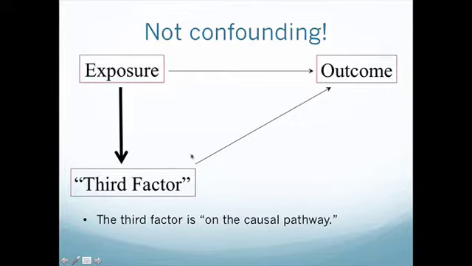And one of our third factors is actually obesity, because we know that trauma contributes to obesity risk, say during adolescence and early young adulthood. And of course, we know that obesity is a really strong risk factor for diabetes. So that's a case where obesity is a mediator of the relationship between childhood trauma and diabetes, and we would not deal with it as a confounder.